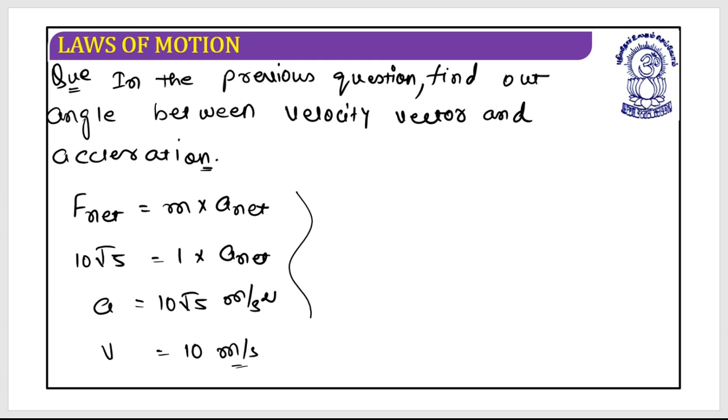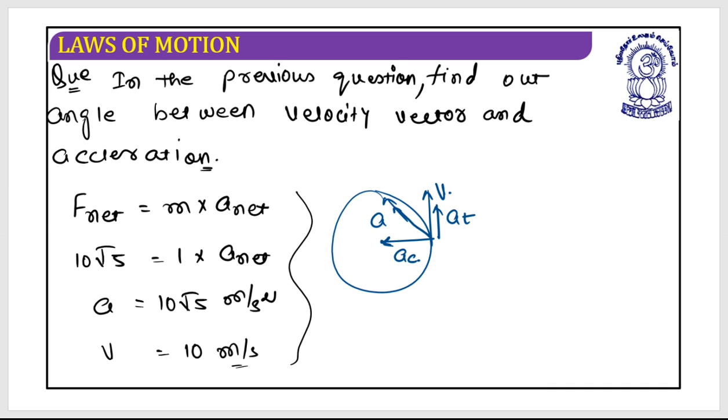So if I draw the situation, it is something like this. This is the circle. This is the velocity vector. This is the acceleration vector. This is A_C, and this must be the A_T. Let's assume that this is the angle theta.